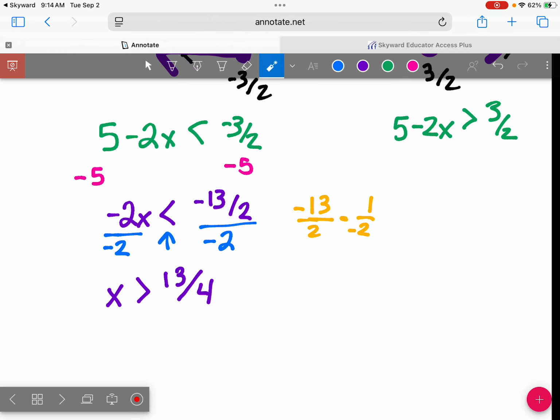And then again, we're following that same process over on this side. We're going to minus our 5 from both sides, giving us our -2x is greater than our 3/2 minus 5.